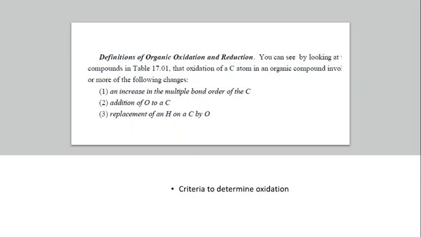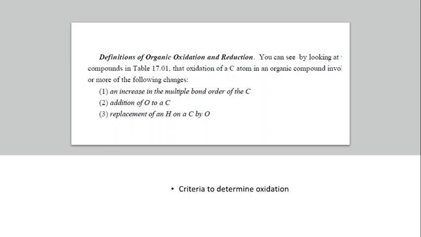Second thing, you can understand whether oxidation has occurred or not by looking at the addition of oxygen to a carbon. If there is an addition of oxygen, it means that there has been oxidation. Similarly, if there is a removal of hydrogen from a carbon, or the replacement of any hydrogen with oxygen, this is also oxidation.